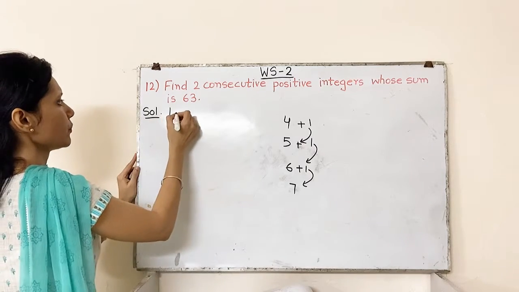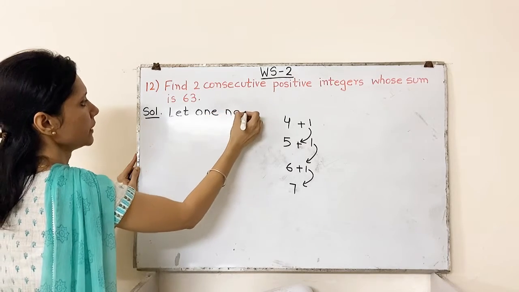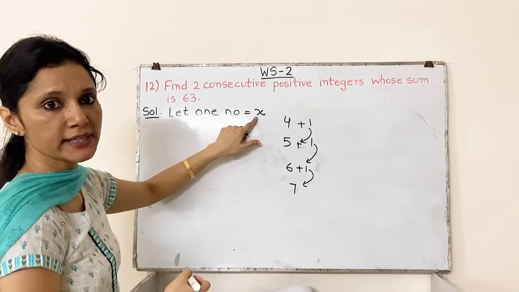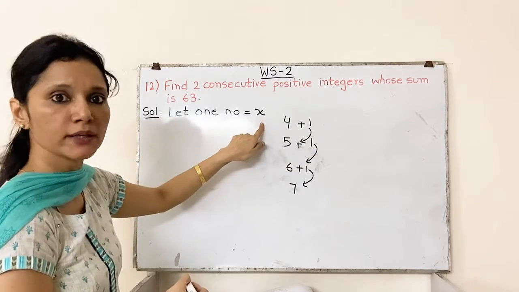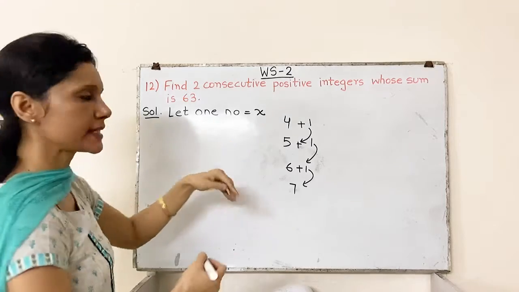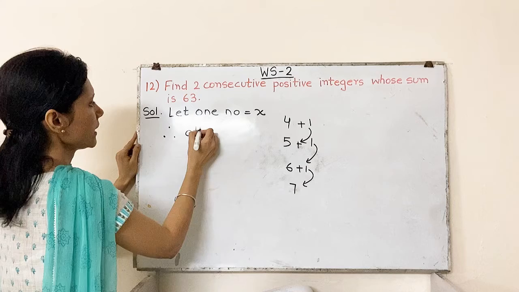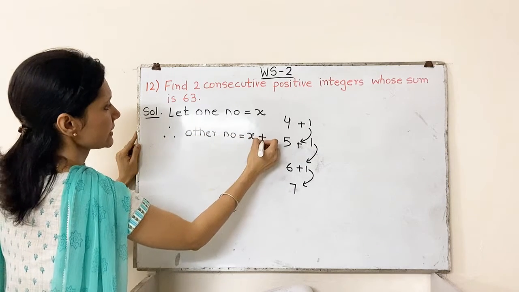So let's first suppose the number, let one number be x. Now as we know, the consecutive number of x would be x plus 1. We simply have to add 1 to x to get the next number. So we'll say therefore the other number is x plus 1.